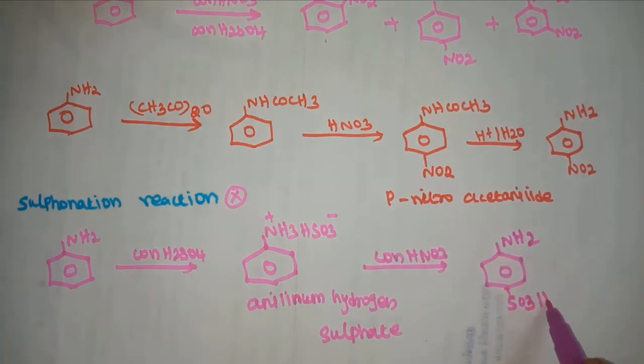SO3H is a sulfonic acid group. So the name of this compound is para-aminobenzene sulfonic acid.